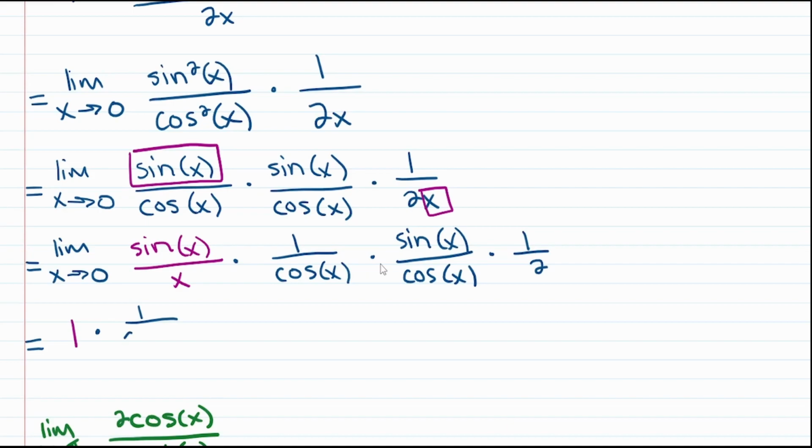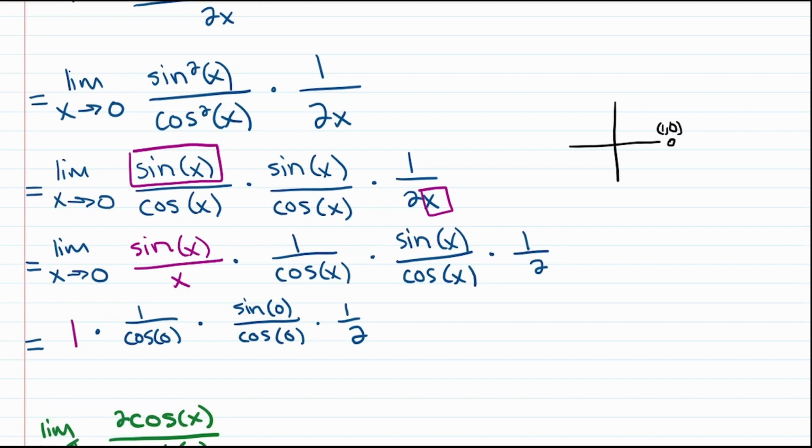So we'll have 1 times cosine 0 times sine of 0 over cosine of 0 times 1/2. Again, let's go ahead and draw ourselves a little unit circle. And remember that at 0, our coordinates would be 1, 0.